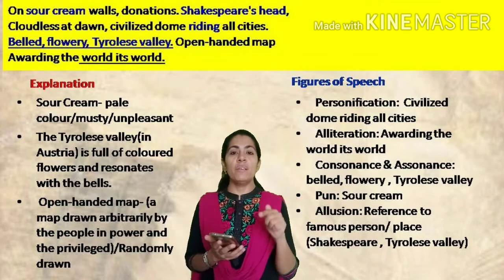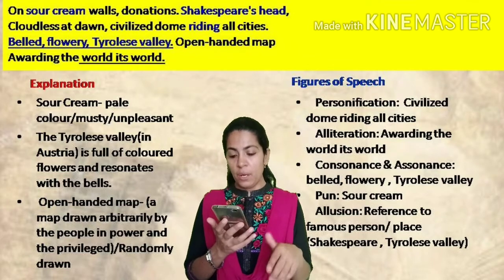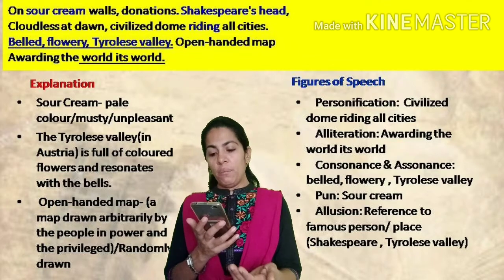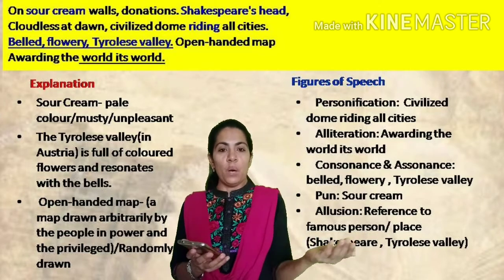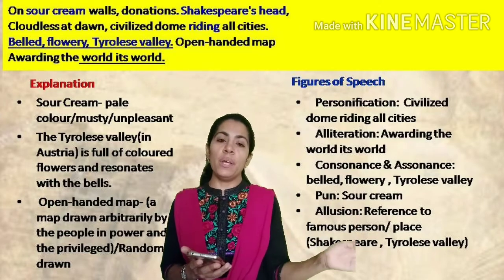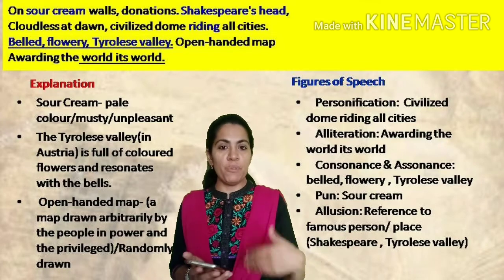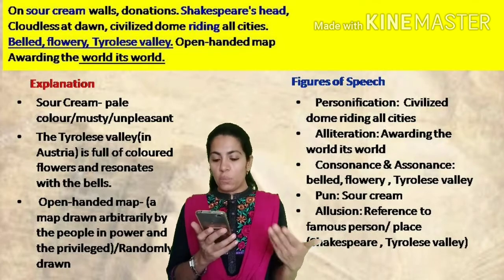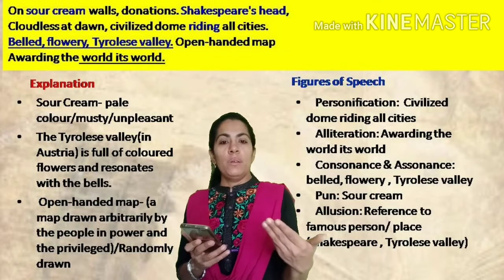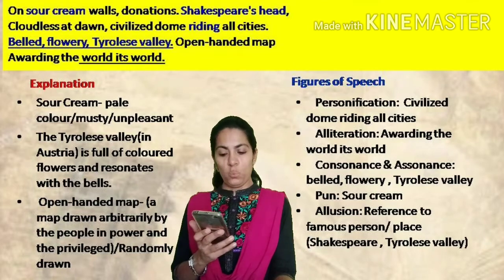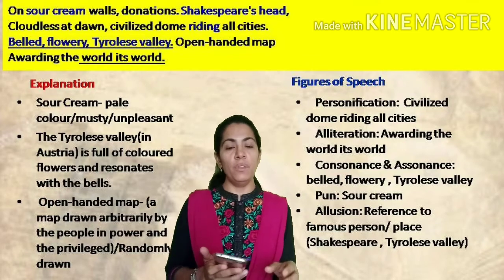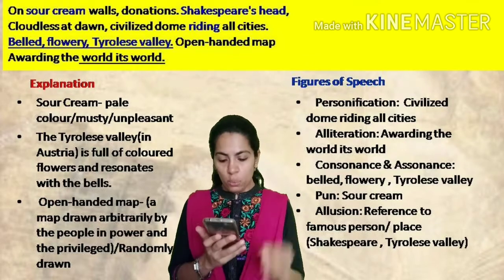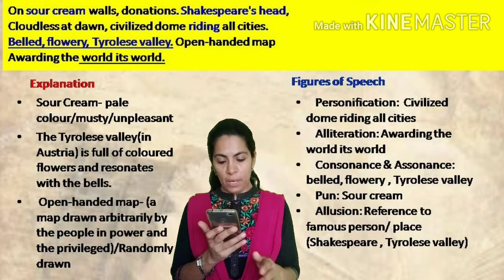It has been done in an arbitrary manner. So, open-handed map awarding the world its world. This is the outer world, and this map is awarding the world its world. The map is depicting itself, and it is awarding the world its world. That means people who are in power give the real shape to the world. You can understand it in this manner.